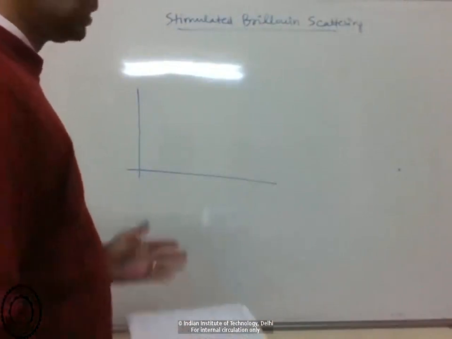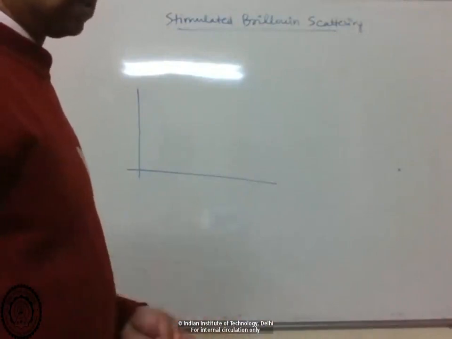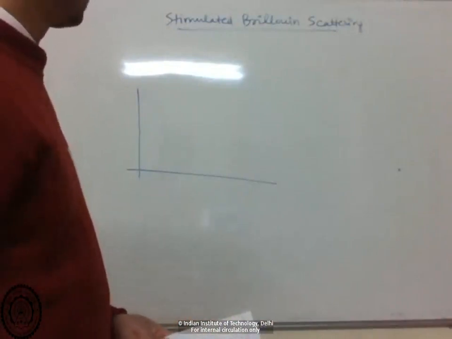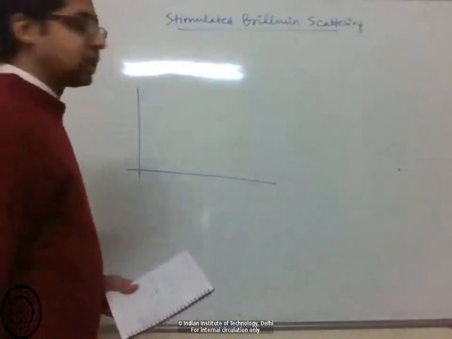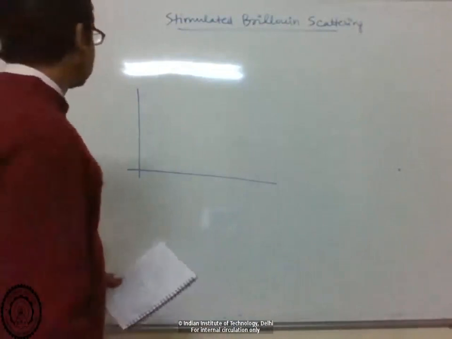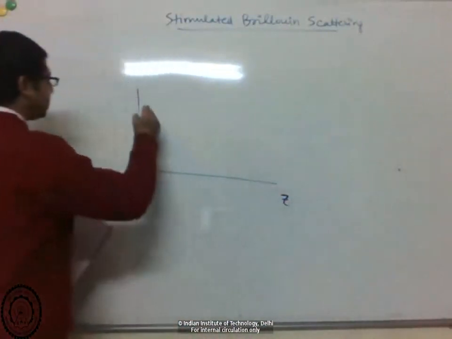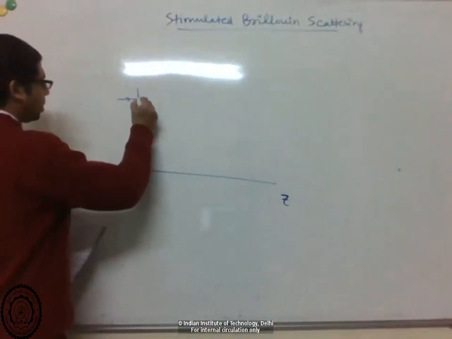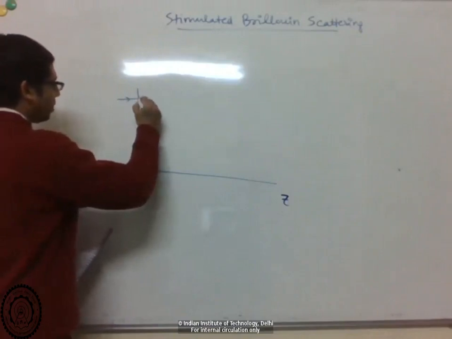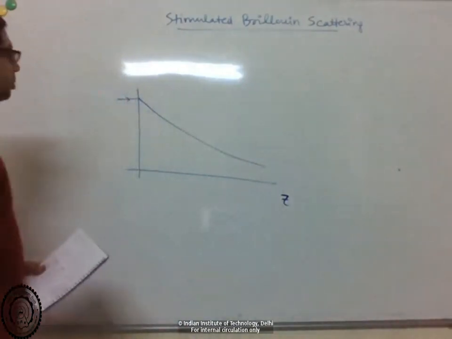And we saw that for reasonable powers like milliwatt powers and propagation lengths of a kilometer or so in optical fibers, the gain that the Stokes experiences could be quite large. So as a function of propagation distance z, we send in some optical signal that we want, which acts as a pump. Due to Brillouin scattering, it decays as it propagates.